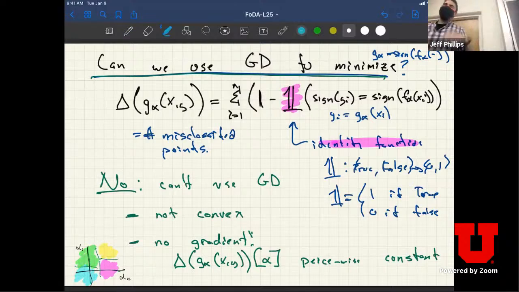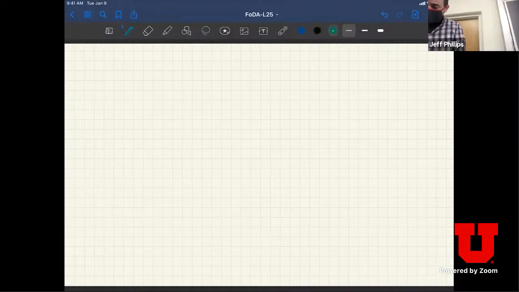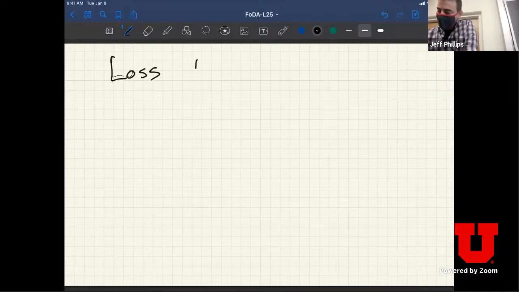Okay. So we've done a lot of stuff where we borrowed from earlier in the class, and now we're going to add a little twist to this, and then we're going to get everything to work again. So how do we solve this? We're going to use these ideas called loss functions.